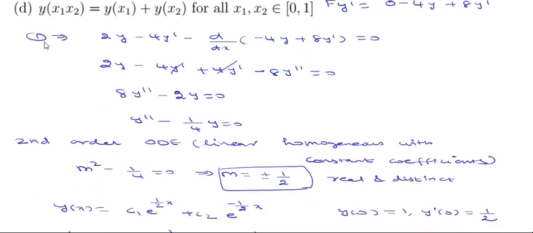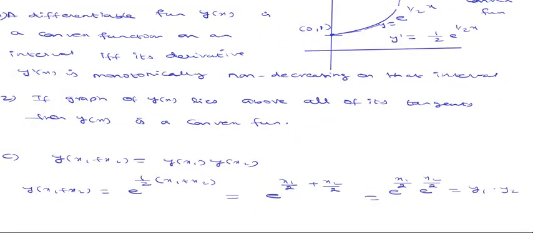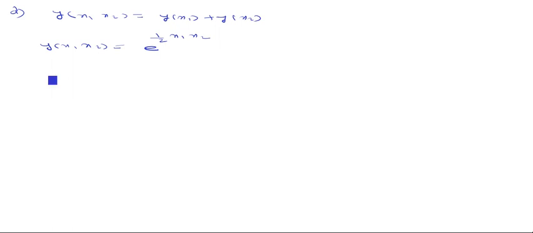And let's see option D. Option D will be wrong. Option D is y of x1 x2 equal to y of x1 plus y of x2. Now let us calculate y of x1 x2. This is equal to e power 1 by 2 x1 x2, and y of x1 is e power 1 by 2 x1, and y of x2 is e power 1 by 2 x2.